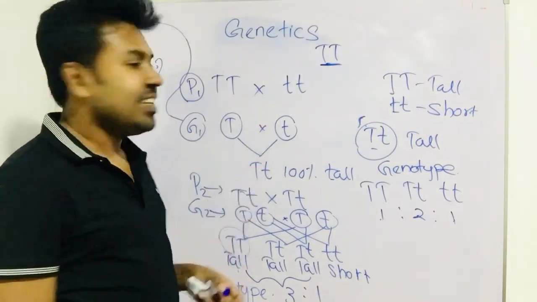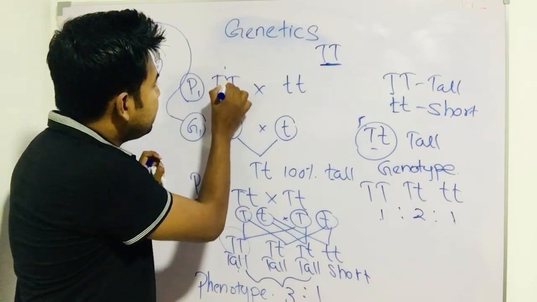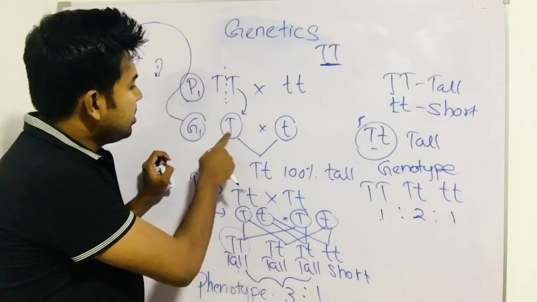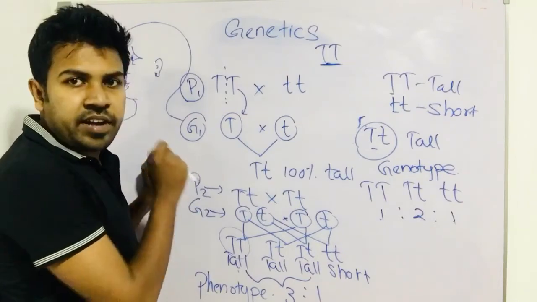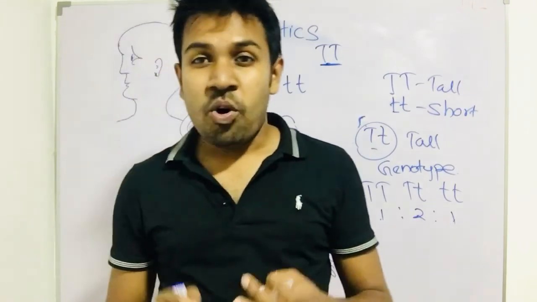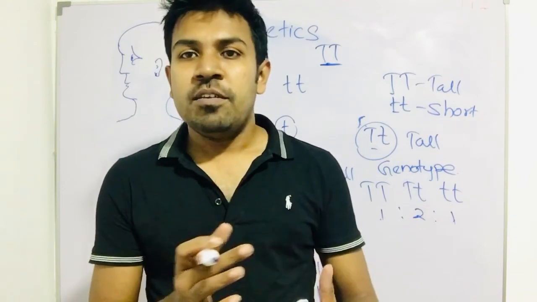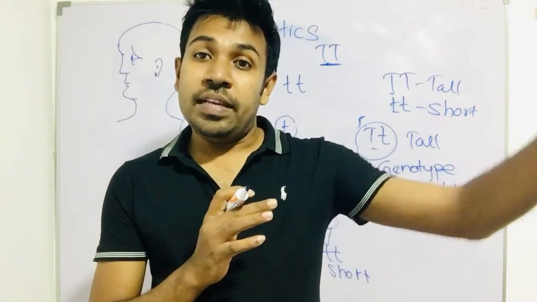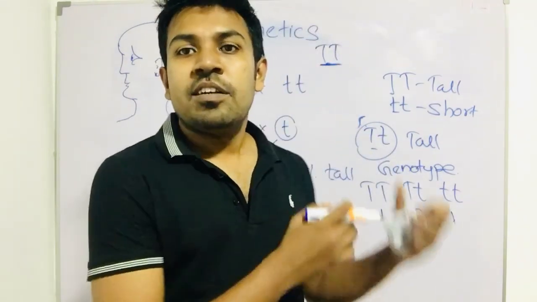Here you can see capital T, and this can be freely separated and transmitted to the gametes. That feature is called free segregation. But in the next theory, Morgan's theory, that is different. In that theory, the genes will not freely segregate. That is called linked genes, and we will discuss linked genes in our next video.